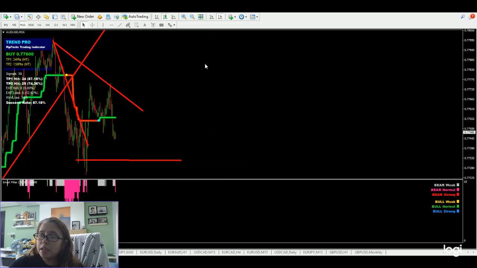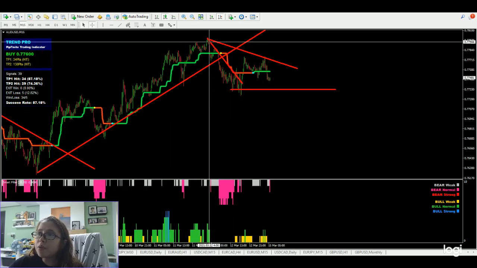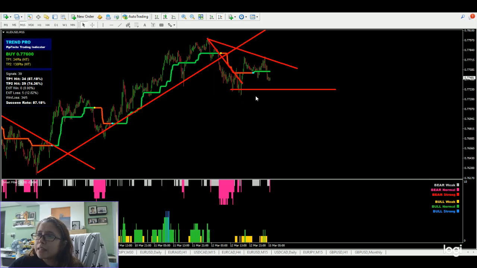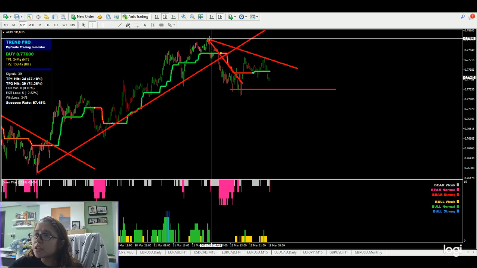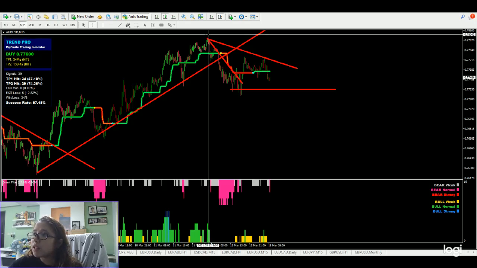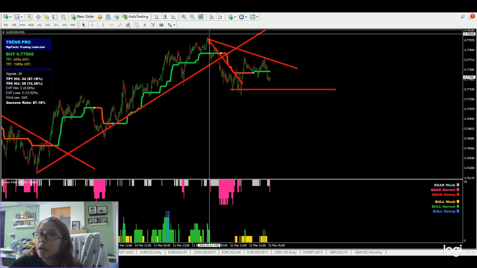Let's see. So if I will be doing that, let's see where the market has reacted. So the market, as you can see from this high, it has reacted near the 78 level. So this is expected because market usually reacts at these levels, round numbers.